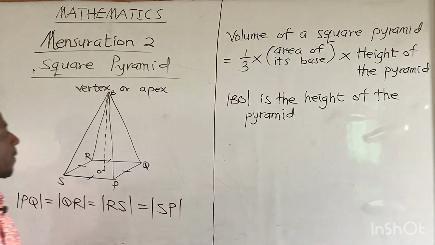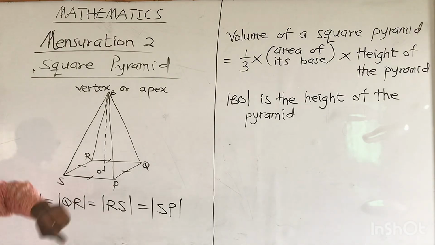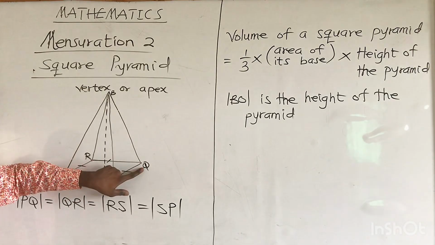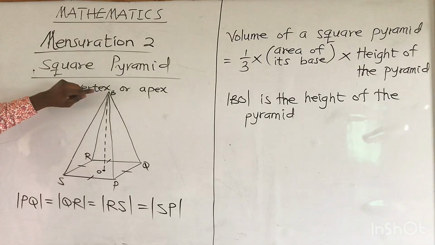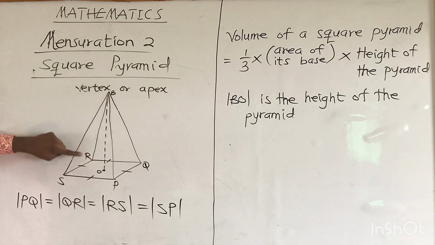All right. Then we have BP is equal to BQ. It is still equal to BS. It is still equal to BR.